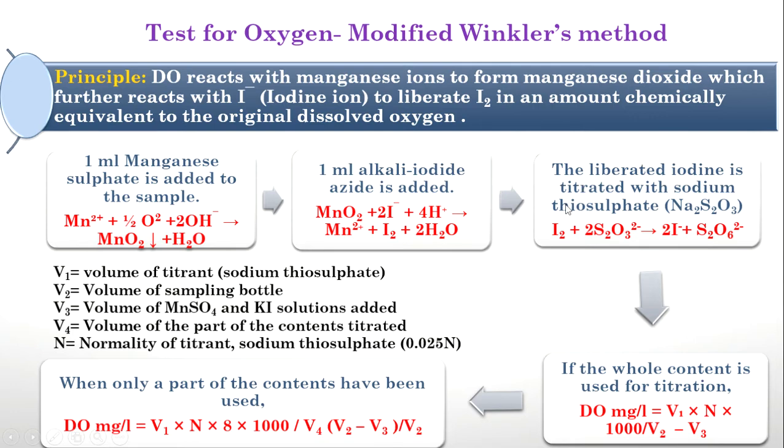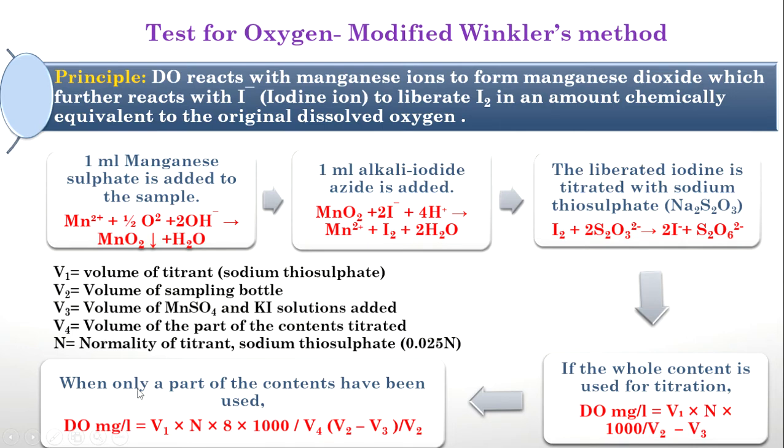This amount of iodine is identified by means of titration with sodium thiosulfate. So it reacts with sodium thiosulfate, and the iodine consumed can be calculated as a direct measure of dissolved oxygen. If the whole content is used for titration, we will use this equation.